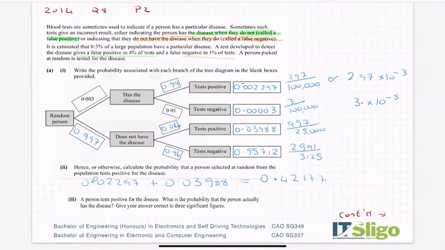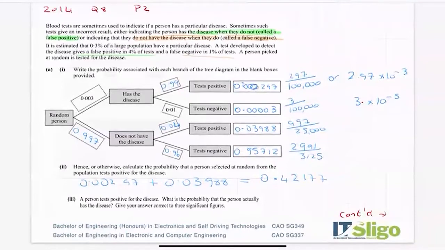Oh yeah, I see where I've gone wrong. Sorry now, is there one less 2? Thank you, Aoife. Yeah, that's exactly it. So 0.002. So I had a 0 instead of a 2. Okay, cool. Thank you.